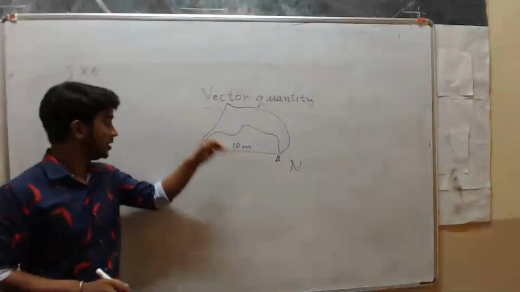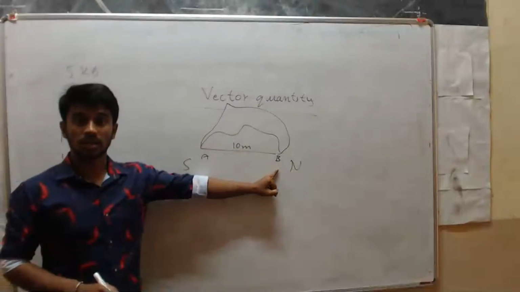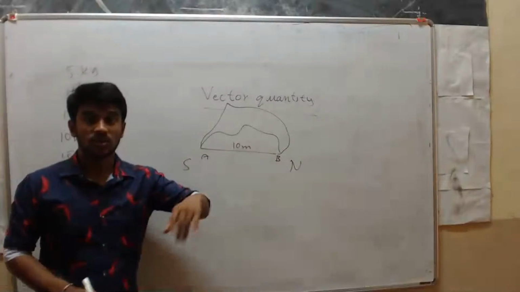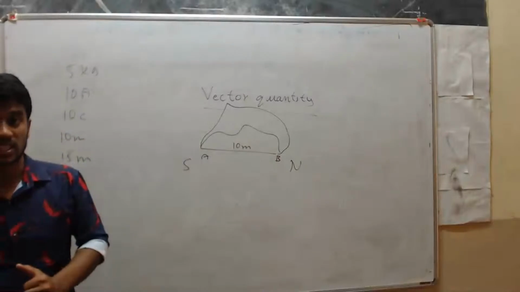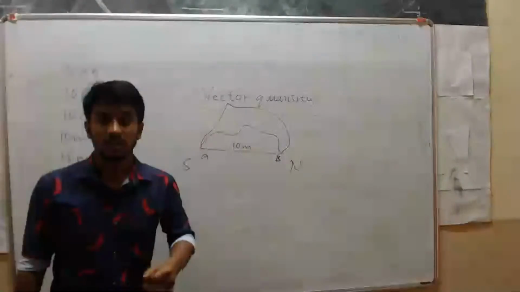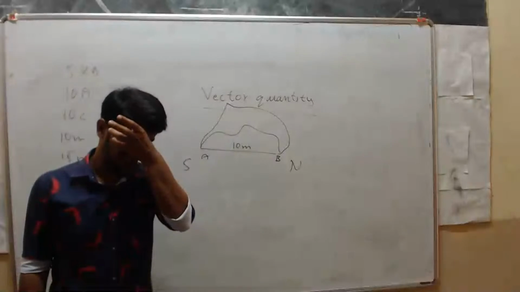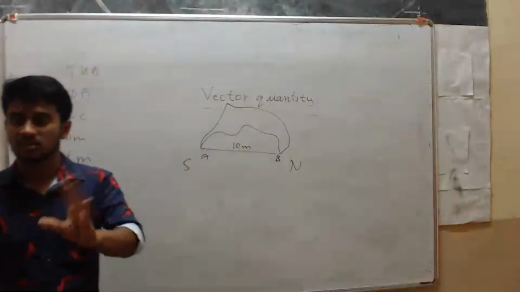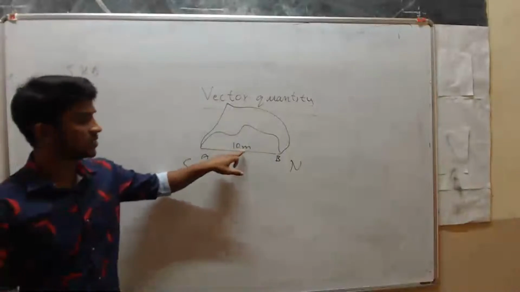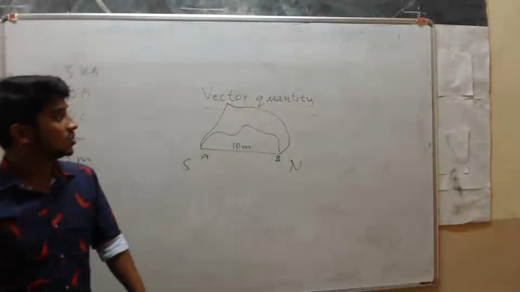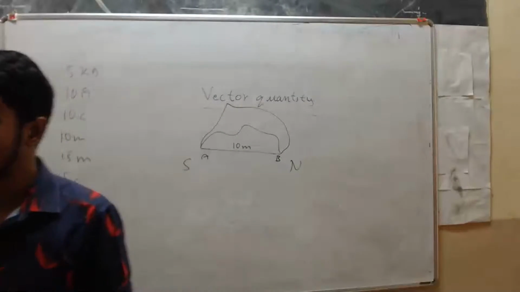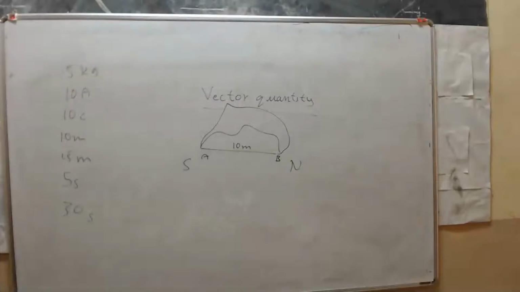It should travel from south to north only. So that's why displacement has direction. So displacement is an example for vector quantity. It has a direction and also it has magnitude. Magnitude is that, 10 meter. Okay, so displacement is an example for vector quantity.